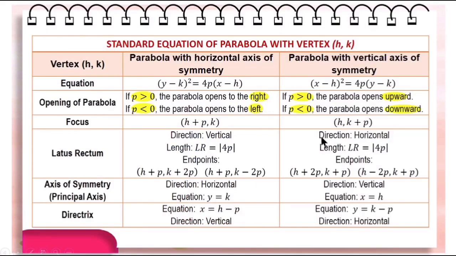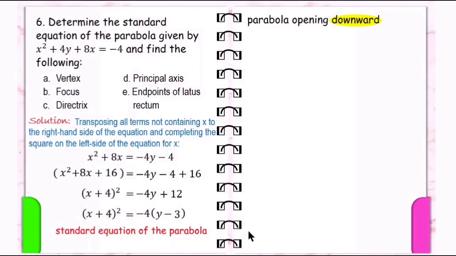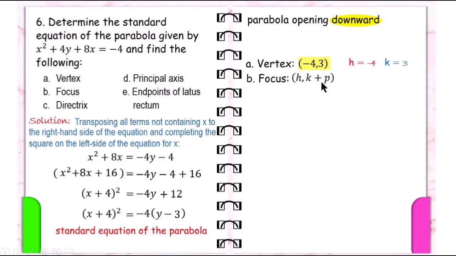So ito pa rin ang focus na gagamitin natin, endpoints ng latus rectum, equation of the axis of symmetry, and equation of directrix. So the vertex is negative 4, 3, where h is equal to negative 4 and k is equal to 3. Next is the focus, which is h, then k plus p. Let us find the value of p.